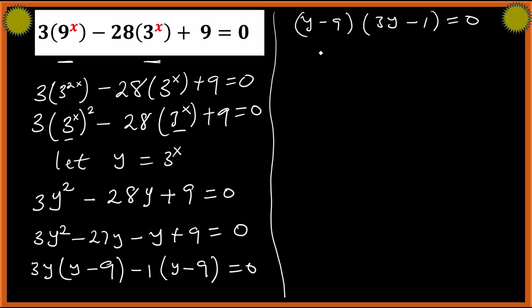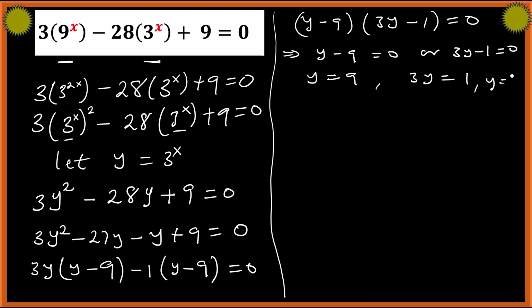So this means that y minus 9 equals 0 or 3y minus 1 equals 0. So my y, by adding 9 to both sides, will give me 9 here, and this side will be 3y equals 1. Therefore y is 1 on 3.